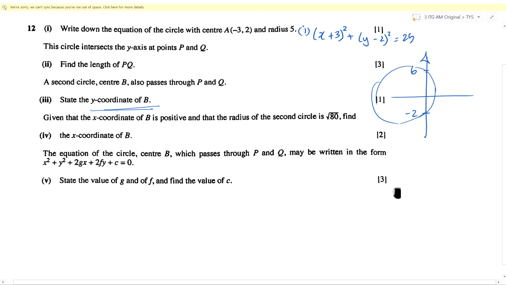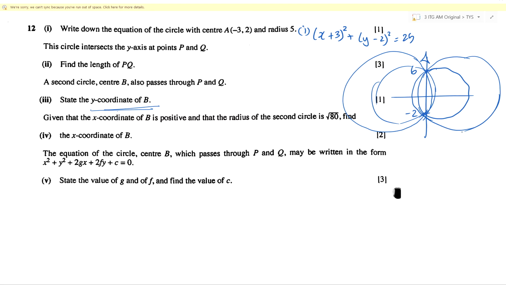For a circle that intersects the y-axis at -2 and 6, how many other circles can you draw? You can draw an infinite number of circles, but they will generally look like this. Okay, or maybe smaller circles, or they will be on the other side, or bigger circles. Okay, these are all the circles that we can draw. There are infinite of them. But where is their center?